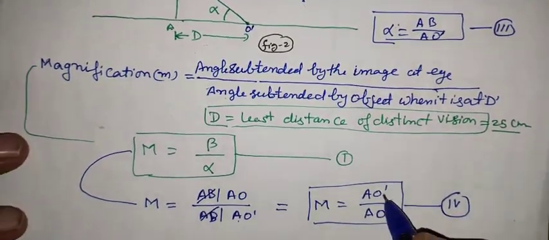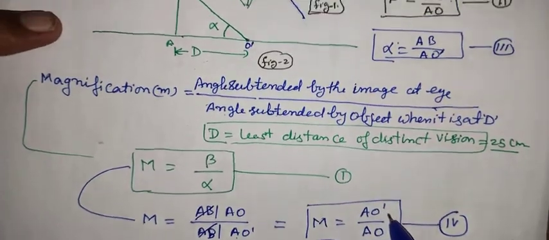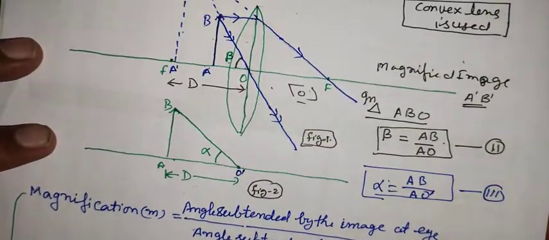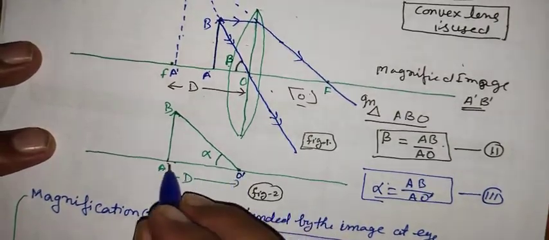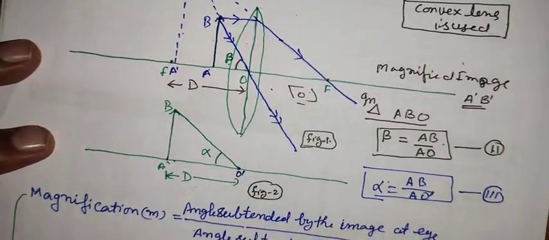Now see carefully, AO dash. This AO dash is D on the left hand side.